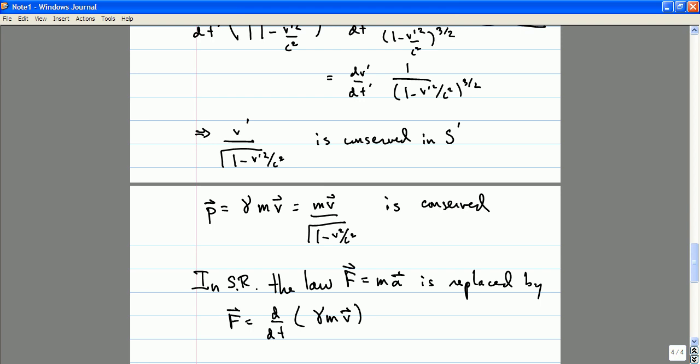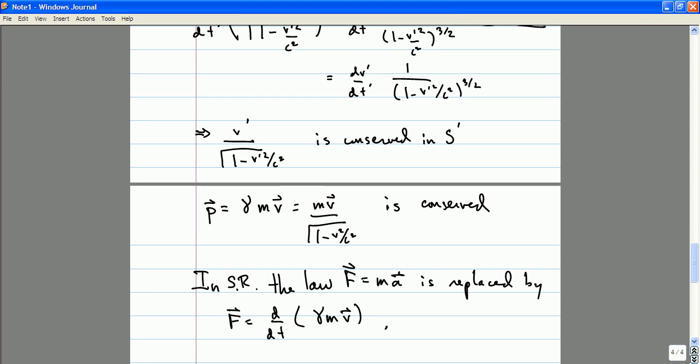But when we consider forces in special relativity, we expect them to obey an analogous version of Newton's third law. I guess that's Newton's third law? I never remember which one's which. It's one of Newton's laws, between 1 and 3, 2 plus or minus 1. So F would be the time derivative of the relativistic momentum.